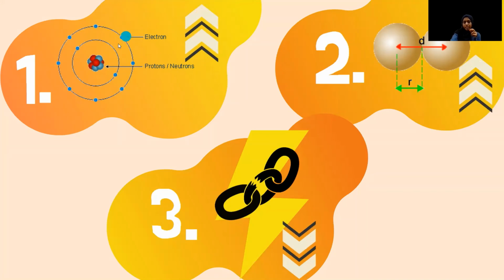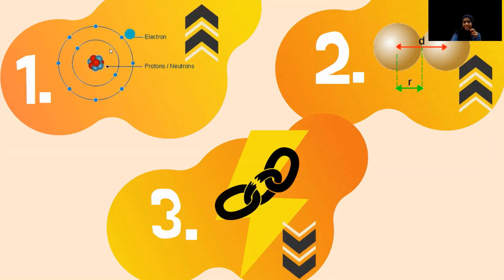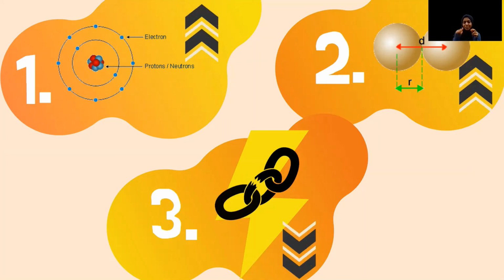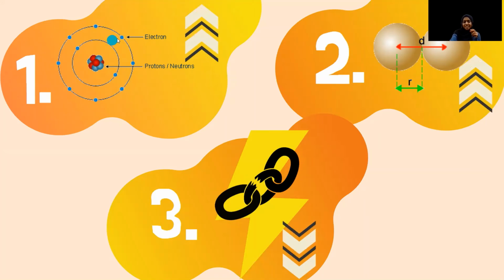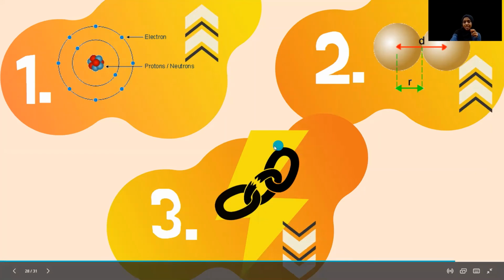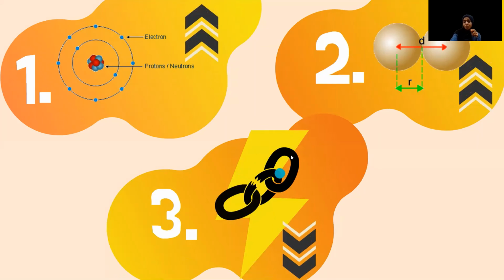When it becomes further from the nucleus, the attraction of the nucleus toward the valence electron will be weaker. So the atomic radius will be increasing, and we only require a little amount of energy to break the weak bond.